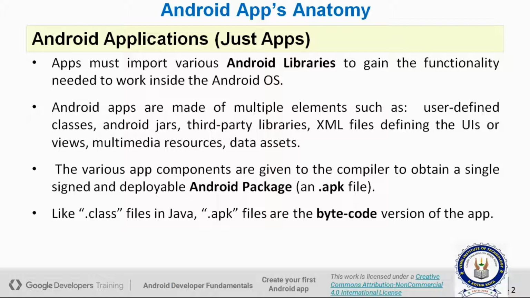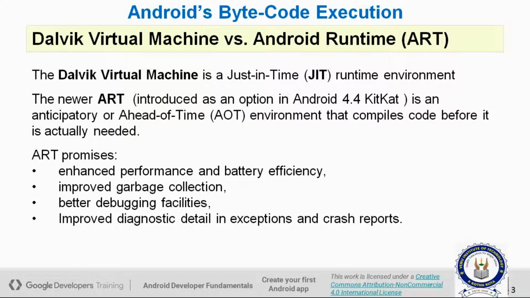That apk file runs inside either the Dalvik virtual machine or the Android runtime engine, ART. Okay, so let's see the difference between the Dalvik virtual machine and Android runtime.